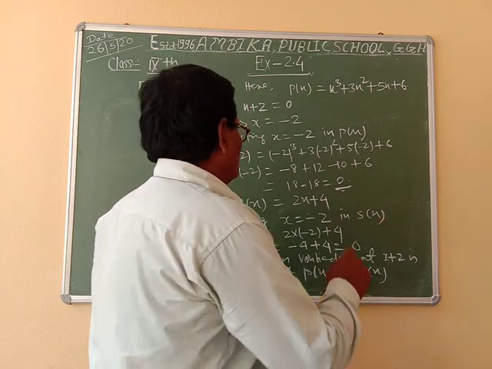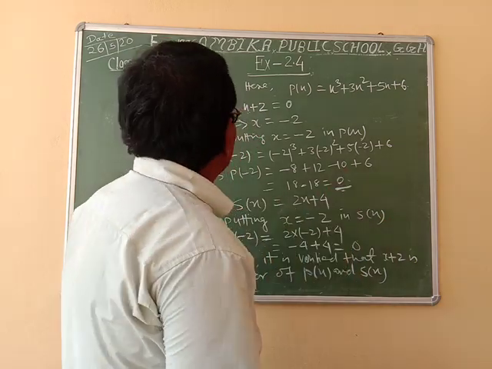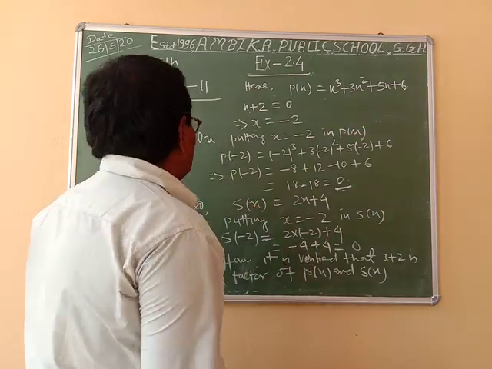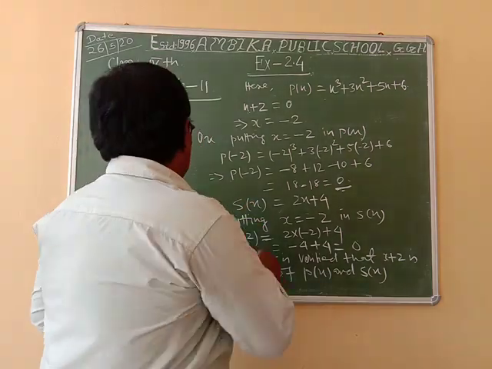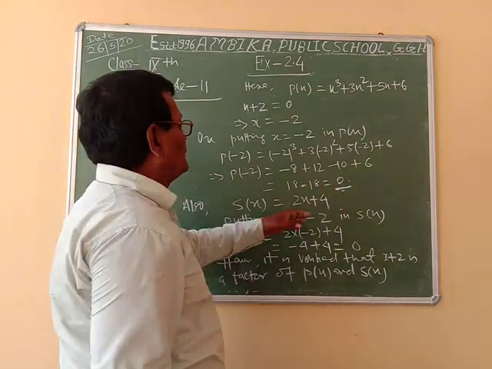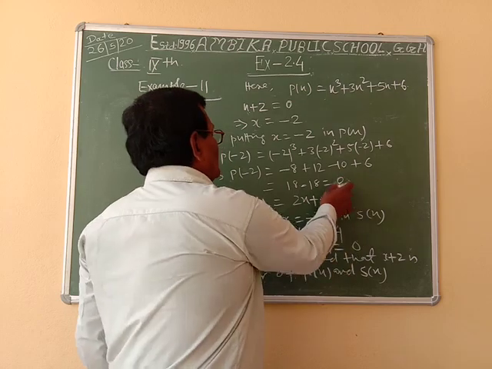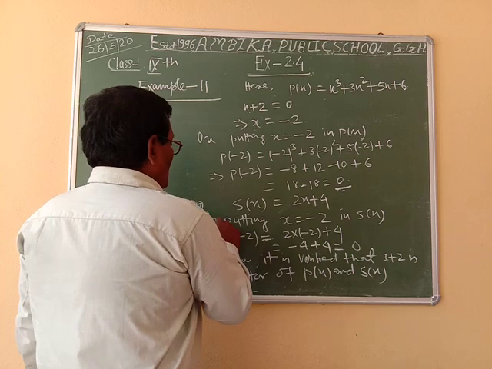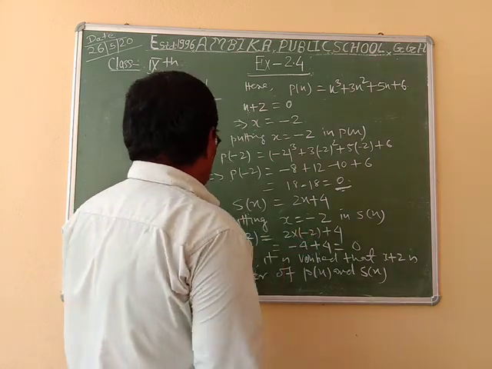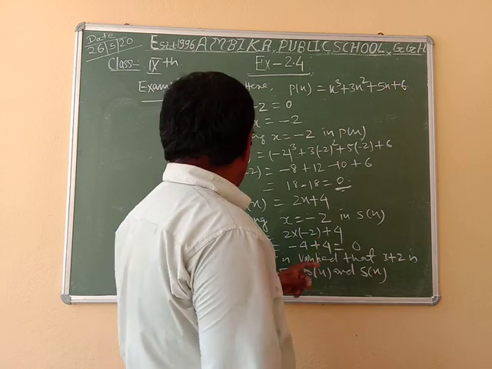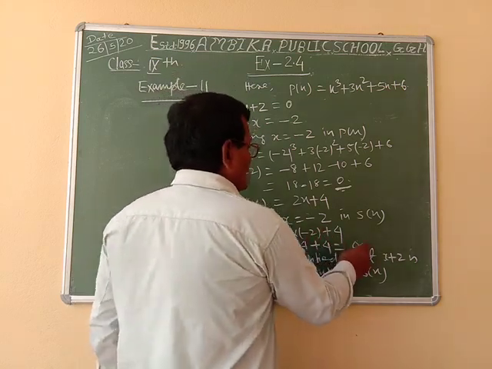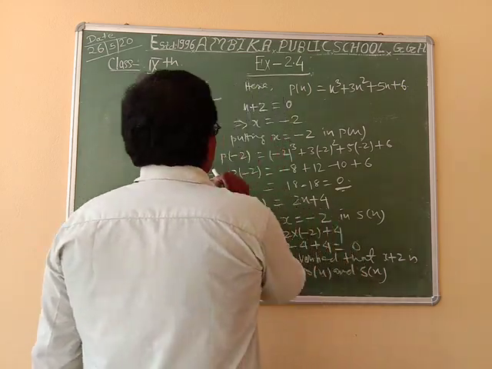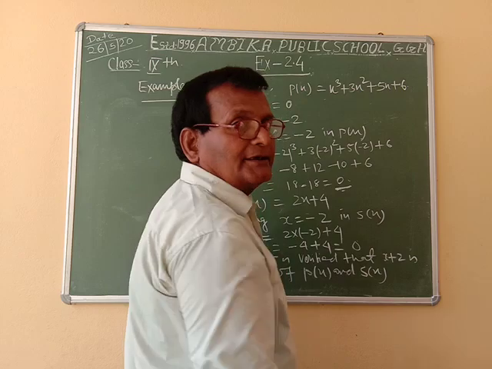This proves that x plus 2 is a zero of Px. Also, we have to prove that x plus 2 is a factor of Sx. Here Sx = 2x plus 4. This is another polynomial. On putting x equal to minus 2 in Sx, S minus 2 is equal to 2 into minus 2 plus 4, is equal to minus 4 plus 4, is equal to 0. The value of 0 verified that x plus 2 is a factor of Px and Sx.